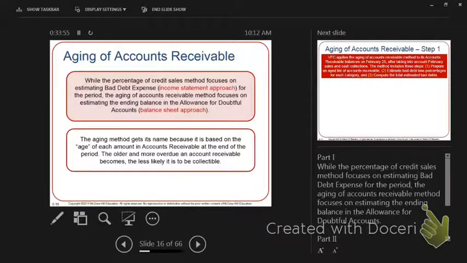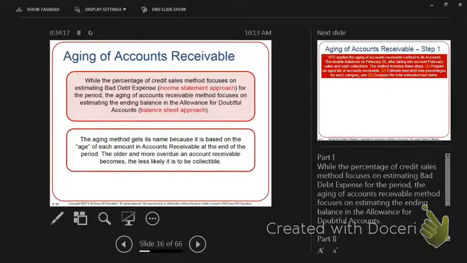The aging method gets its name because it's for a period of time. We're looking at the accounts receivable for a period of time. The older it gets, the less likely it is to collect. Now, the reason this is why it goes on the balance sheet is because we are looking at the entire accounts receivable. The percentage of sales is only looking at that month's sales.